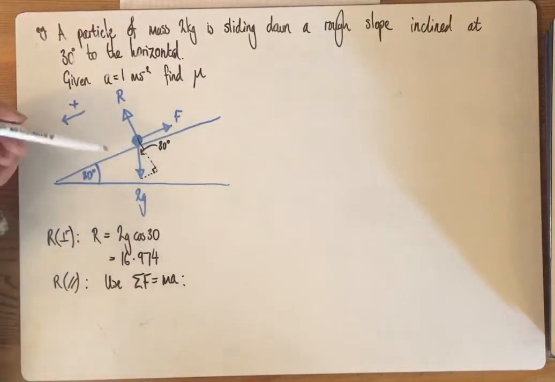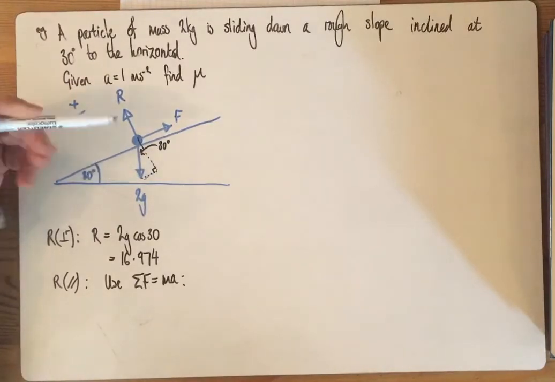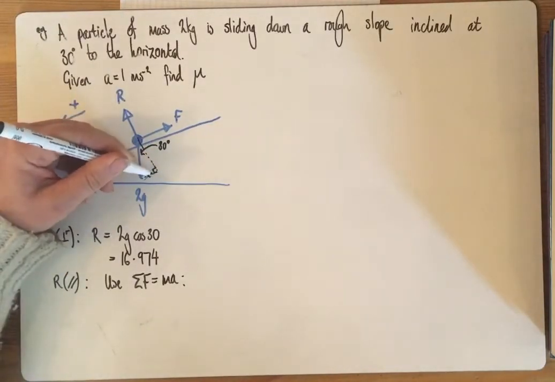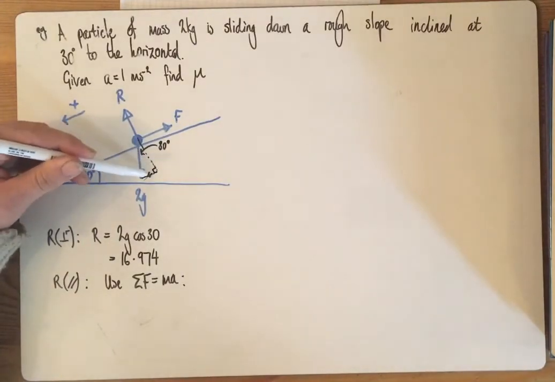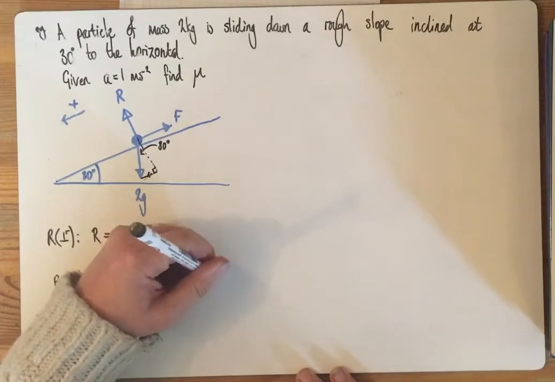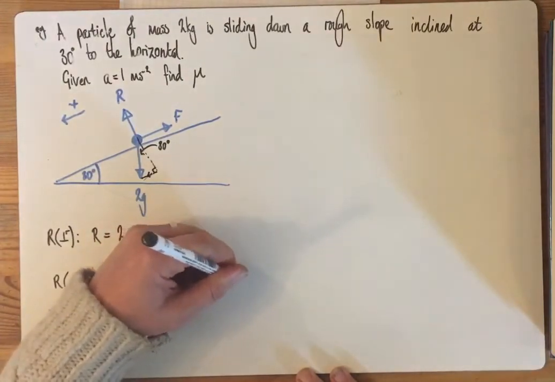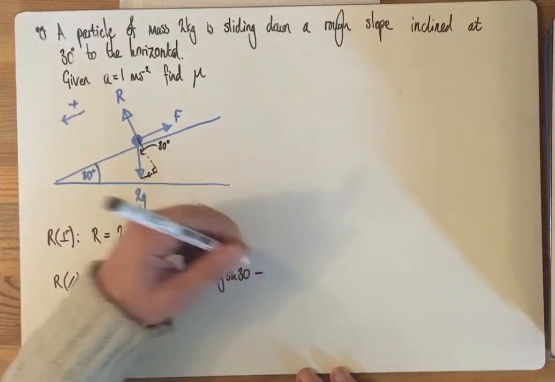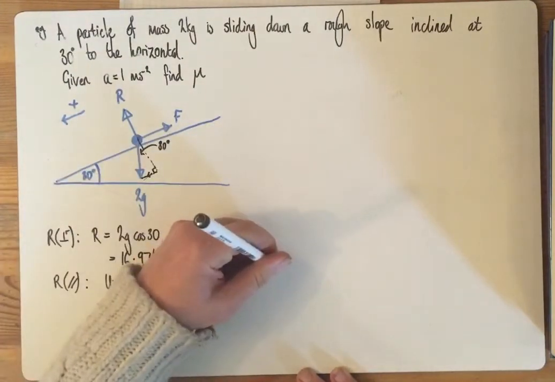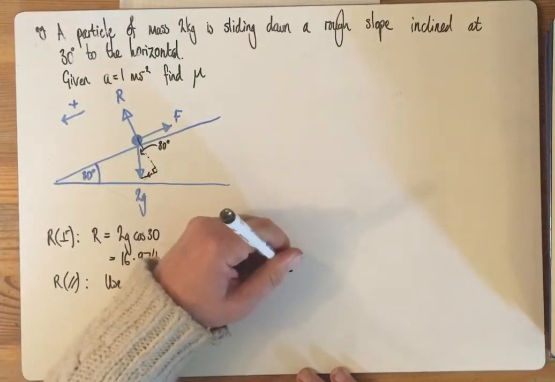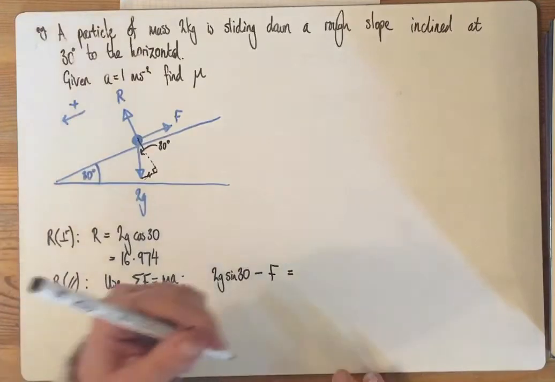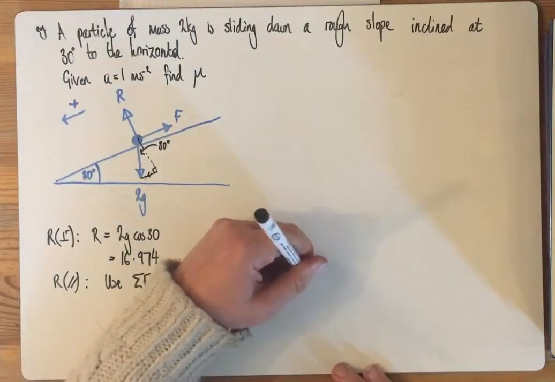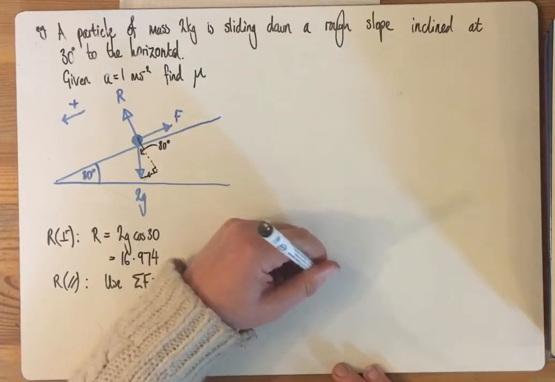So acting down the slope, I've got this component here in this direction, which is my positive direction. So that's 2g sin 30, minus the friction, which is acting in the opposite direction, is equal to ma. m is equal to 2 and a is equal to 1.